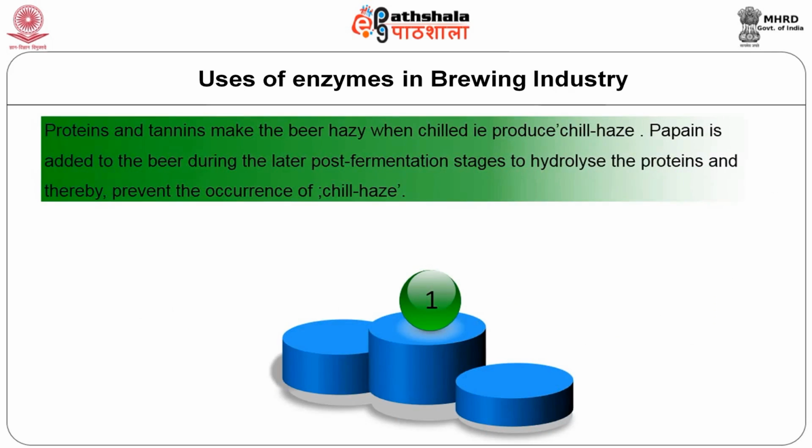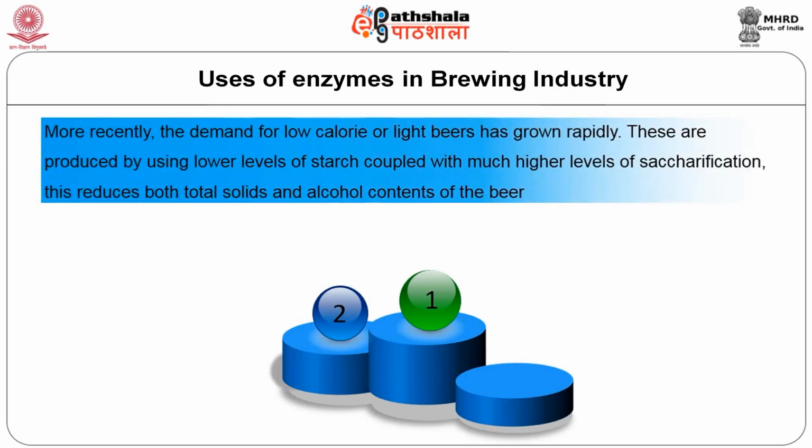Proteins and tannins make the beer hazy when chilled, which is called chill haze. Papain is added to the beer during the later post-fermentation stages to hydrolyze the proteins and thereby prevent the occurrence of chill haze. More recently, the demand for low-calorie or light beers has grown rapidly.